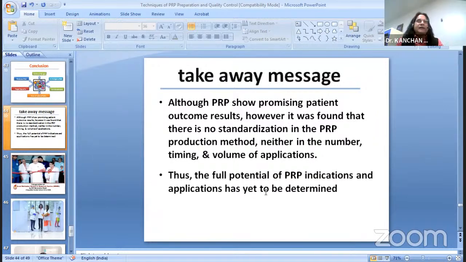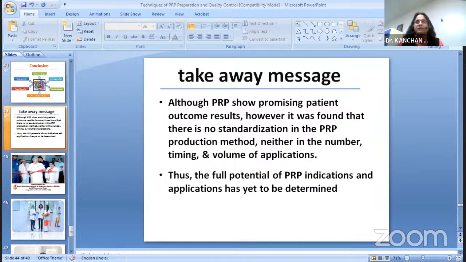Now we have a standardized method to make good PRP with the maximum count of platelets. And now we're going to do a clinical trial of this method, because with this method we can recover more than 5% of platelets. So then good results will come when we publish the paper.